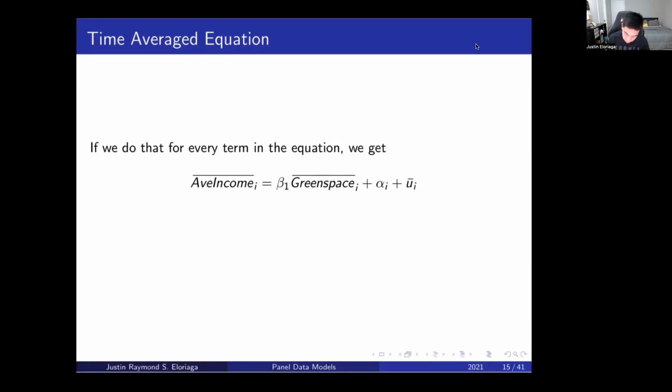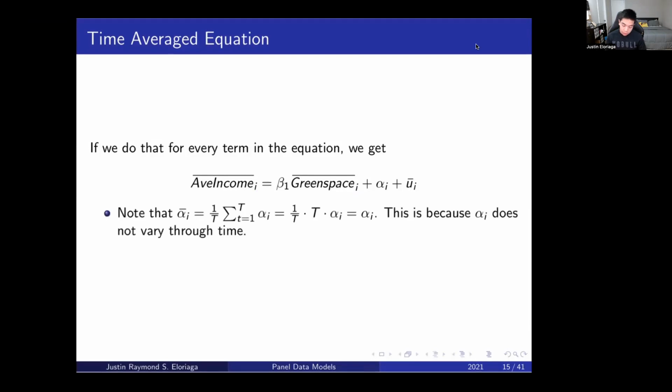Notice it is no longer 2 subscripts, it's just 1 subscript, just I in this case. And I do it for every term in the equation. Note that the average of alpha I is just going to be equal to alpha I, simply because alpha I doesn't vary through time.